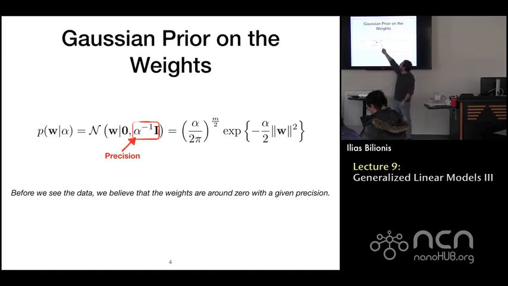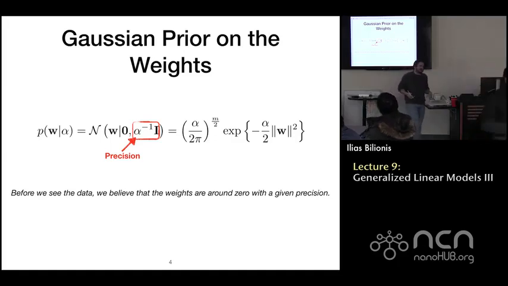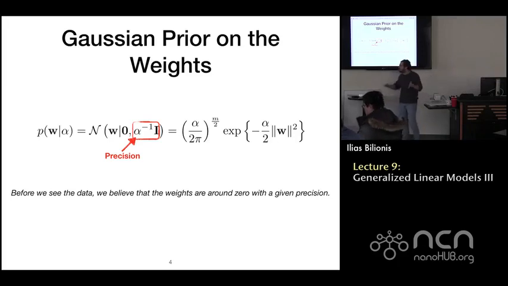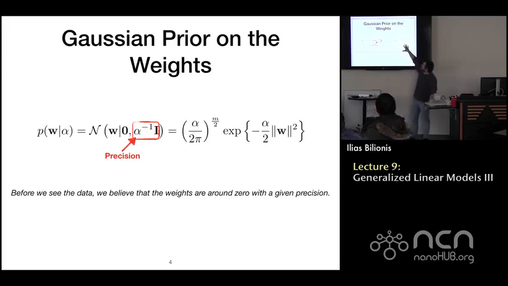Okay, so if you pick a very, very small alpha, like 10 to the minus 6, you're basically saying, I don't know what the weights are, but I think they are less than 2 million and greater than minus 2 million. Okay, so this is pretty much what you say, which is a reasonable assumption if you have scaled your data properly. So even though this is a very specific choice, by making this alpha very, very small, it can actually be a very, very vague choice, okay?